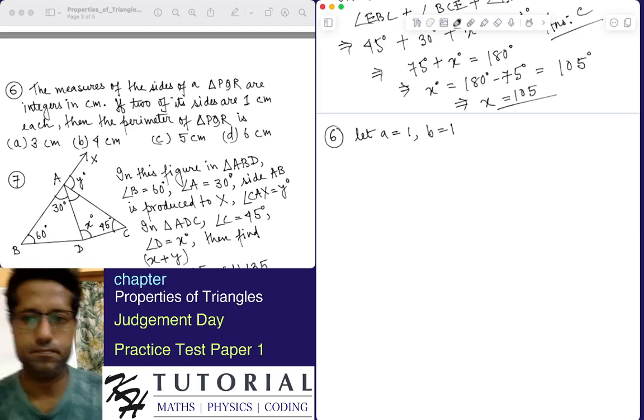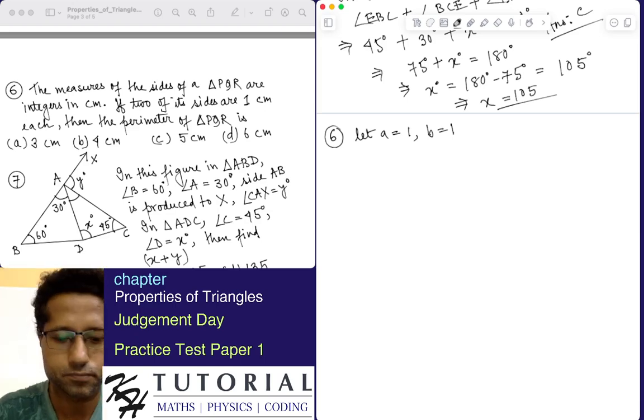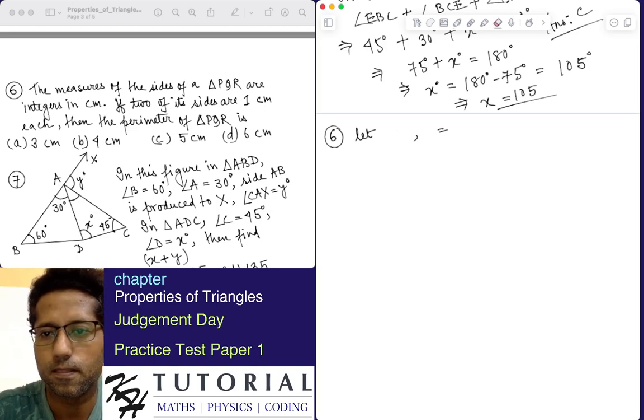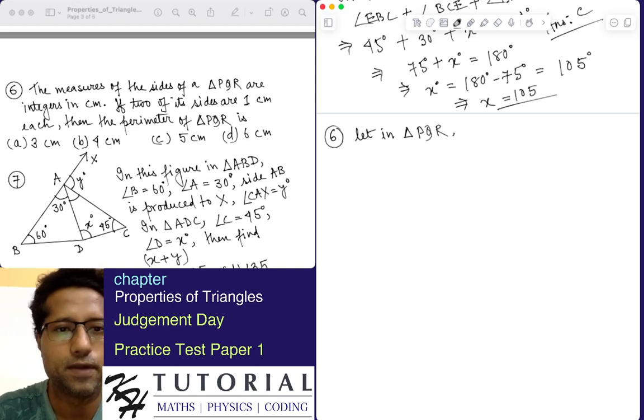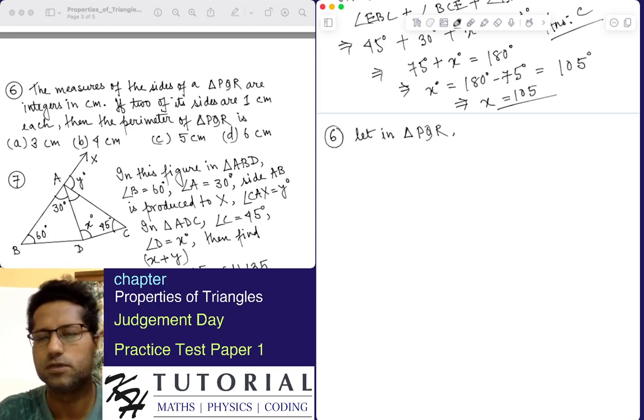Now in triangle PQR, if two sides of it are 1 centimeter each, it's an isosceles triangle.